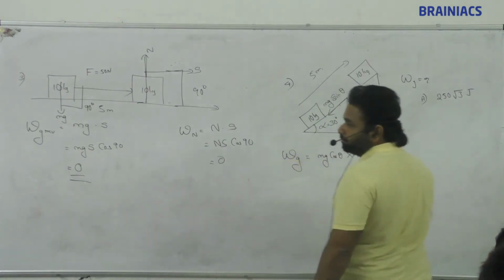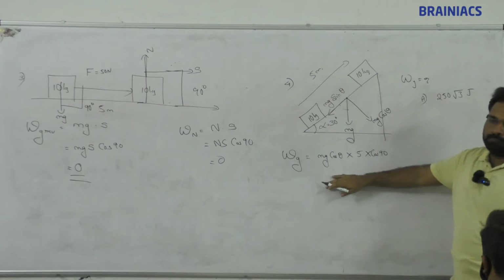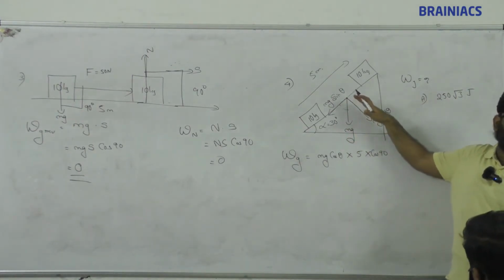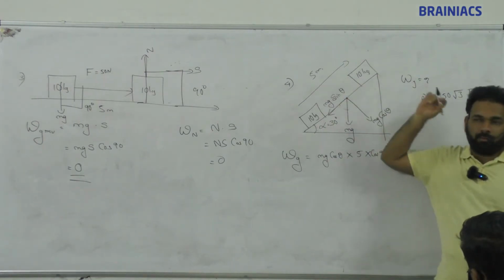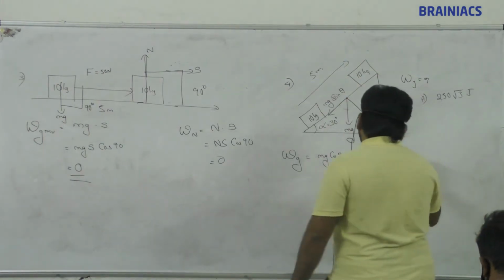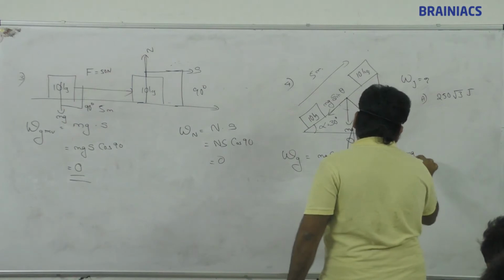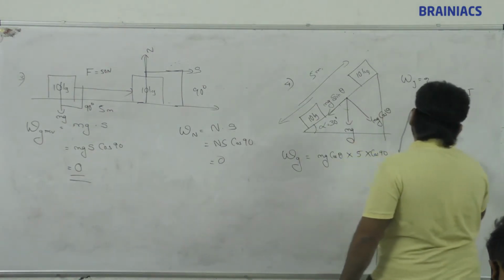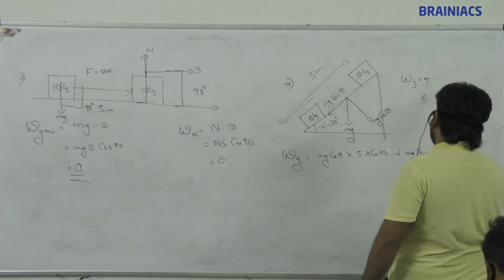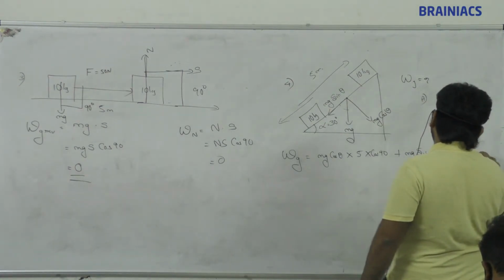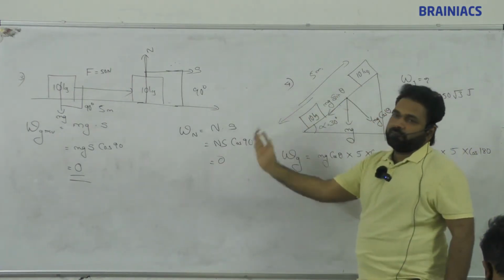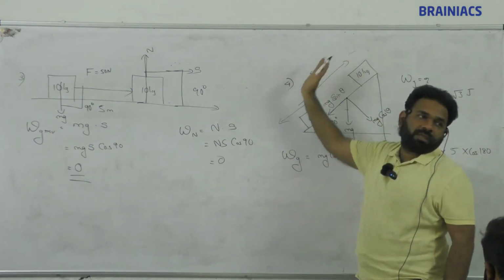This mg I have resolved into a perpendicular component and a parallel component. Plus again mg sin theta acting in this direction, into displacement of 5 meters, into cos 180, because the force is acting in this direction and the displacement is in the opposite direction.